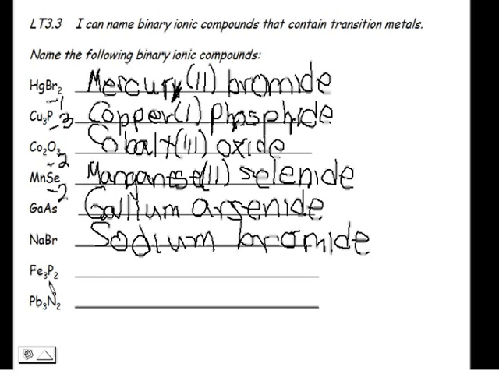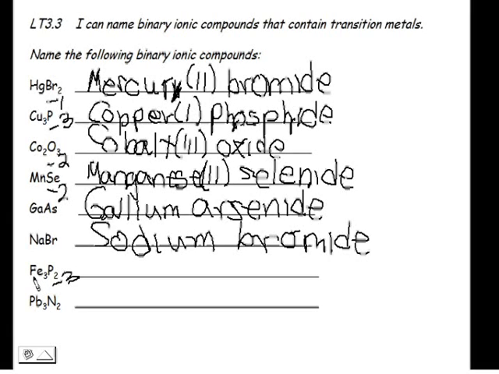Okay, now we come to iron. Iron has multiple charges, +2 or +3. In order to determine which of those two charges it is, I look at my anion. Phosphorus, as we have mentioned before, is of -3 in charge. If phosphorus is -3 individually and I have a total of 2, that would mean that the anion portion has a total of -6, which means that the Fe, 3 of them, has to add up to a total of +6.